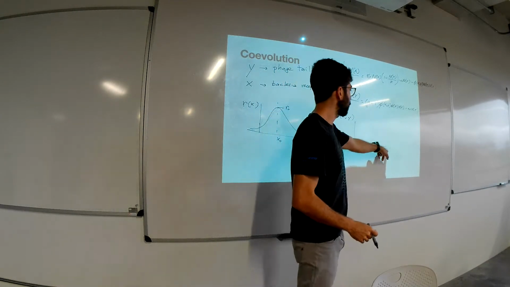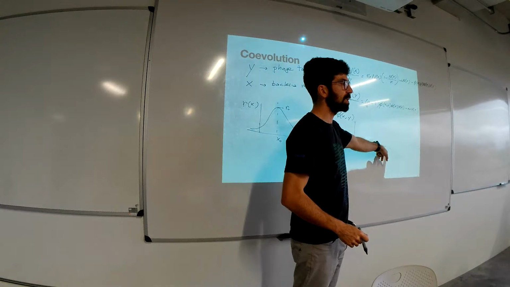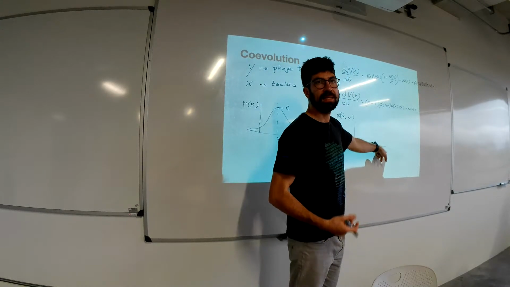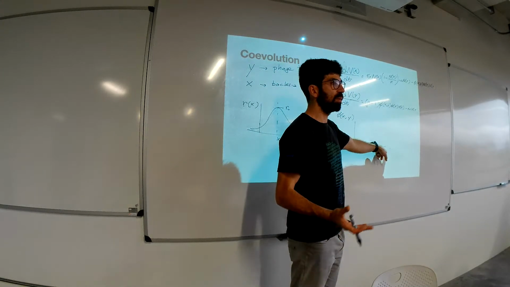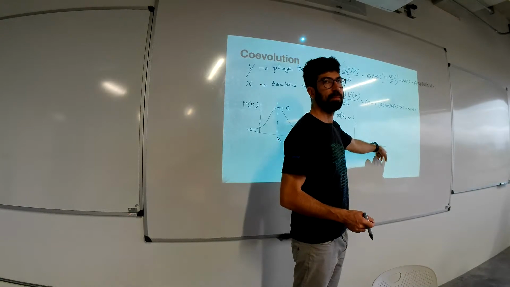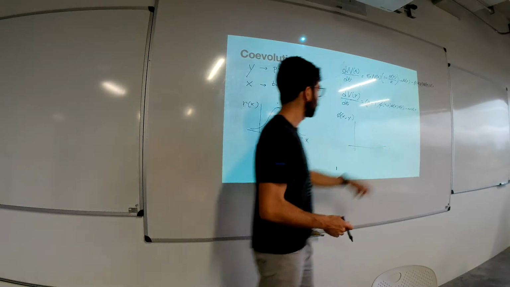And then, what is the shape of phi(x,y)? Well, first of all, what should I put here, X or Y? So this is the infection rate as a function of the trait of the host and the trait of the bacteria.